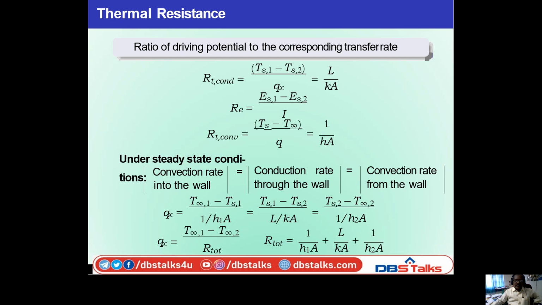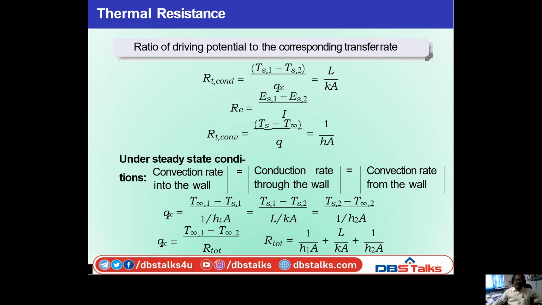We can write T infinity 1 minus T infinity 2 as (T infinity 1 minus Ts1) plus (Ts1 minus Ts2) plus (Ts2 minus T infinity 2). If you write it like this, the total resistance is 1 by h1A plus L by kA plus 1 by h2A. This is the total resistance in a plane wall.